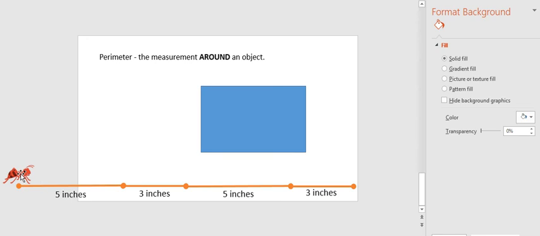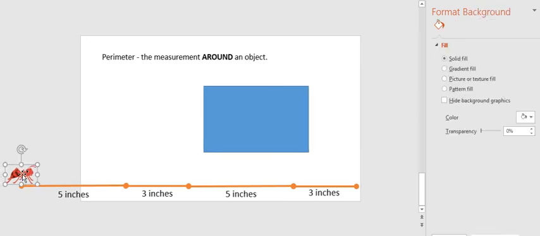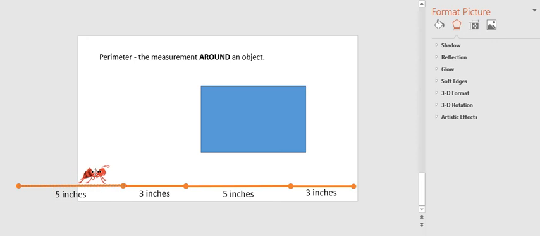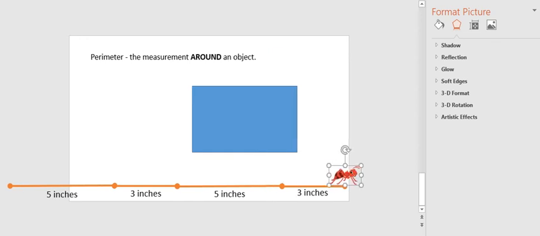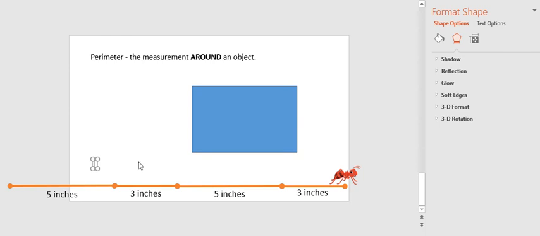So now our ant is going to walk the 5 inches from here to here, and then 3 inches, and then another 5 inches, and then finally the 3 inches right there. So what we have then is a simple addition problem. We have 5 plus 3 plus 5 plus 3.